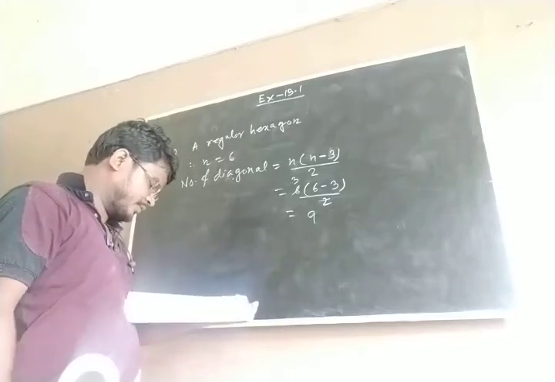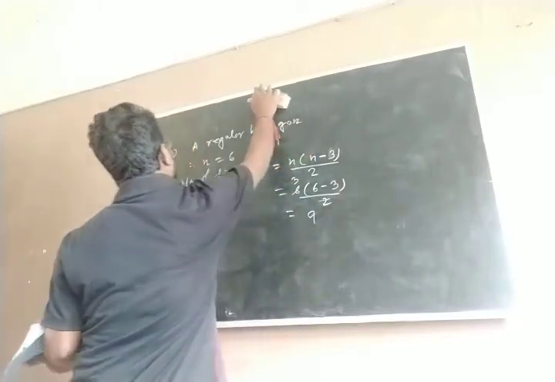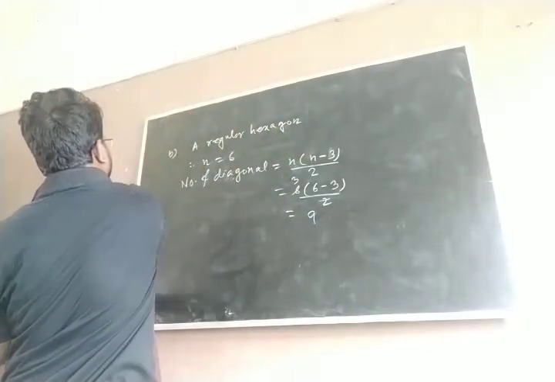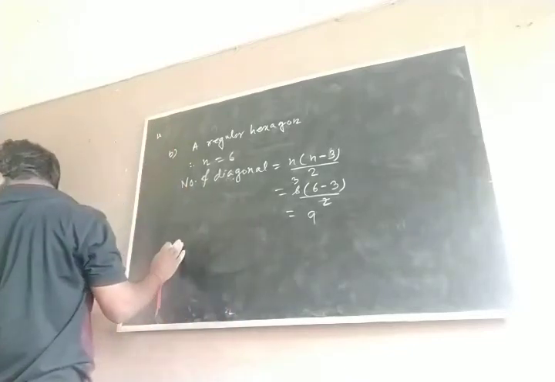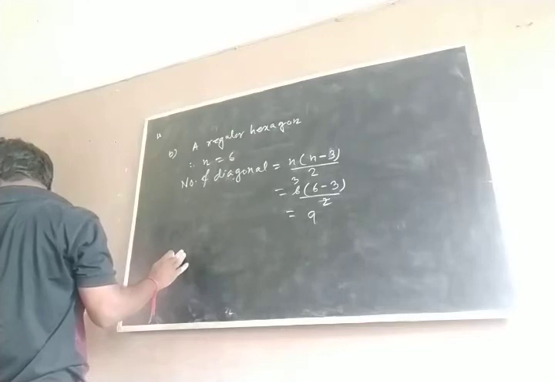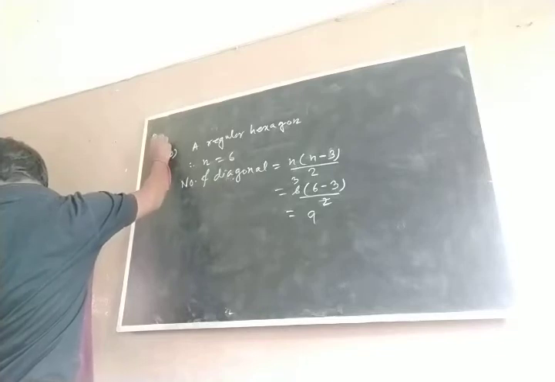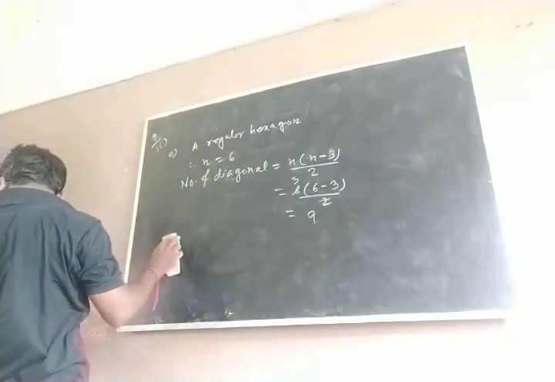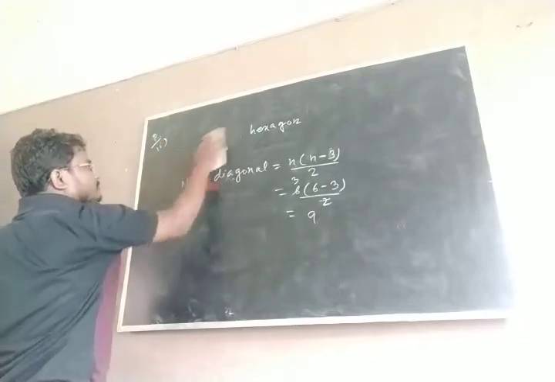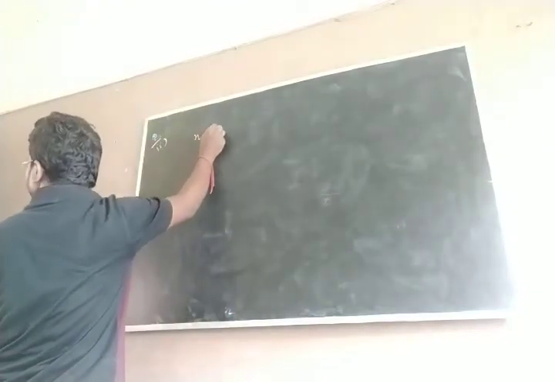Let's see 4, 3. Sorry, not 4, 3, 2. Find the sum of measure of all interior angles of a polygon with number of sides equal to 12. So write number of sides as n. n equals 12.